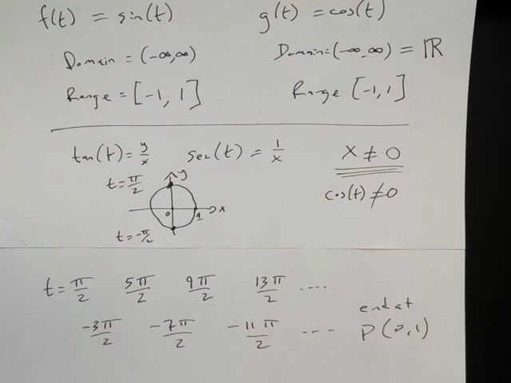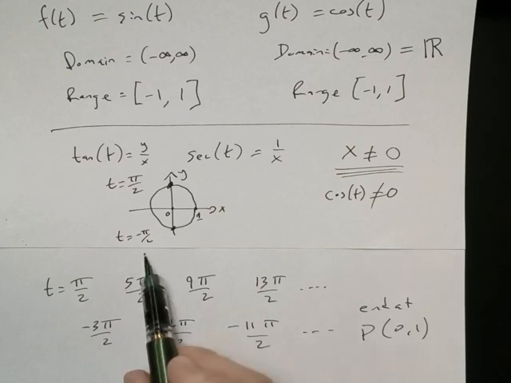But wait, there's more. Because all of those two infinite lists all ended up here. What about the ones that end down here at (0, -1)? I'm going to do the same process, but I'm going to start from this.